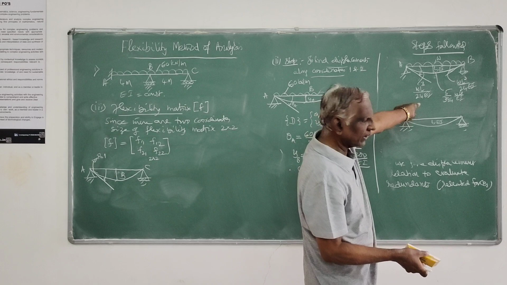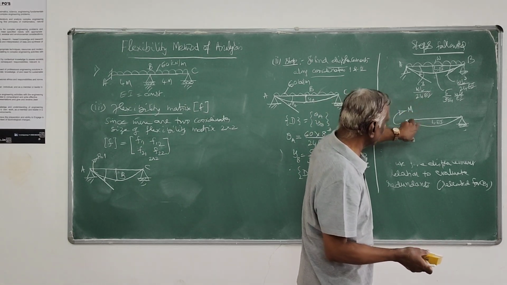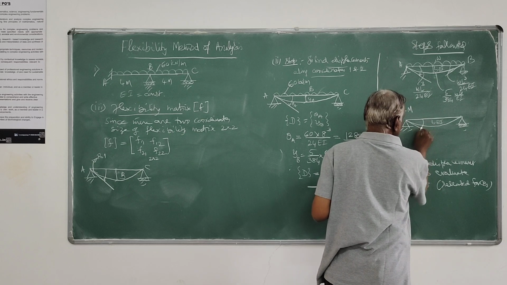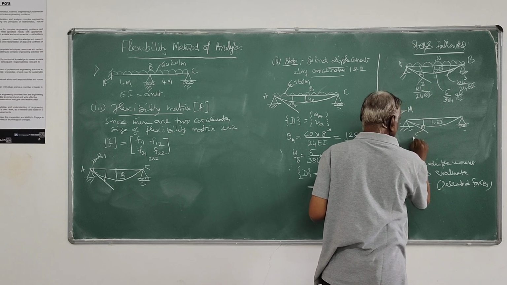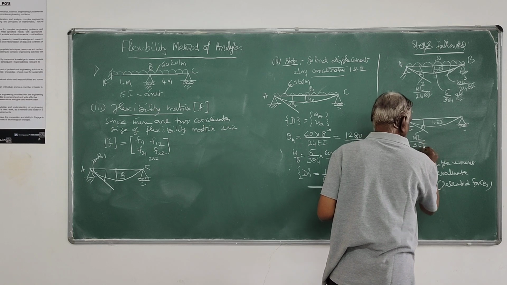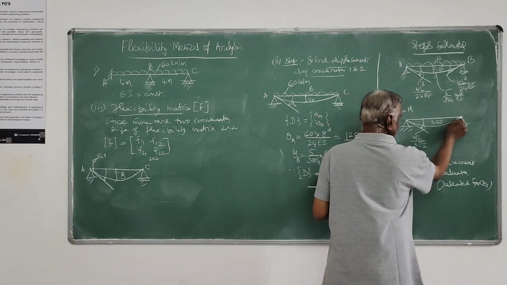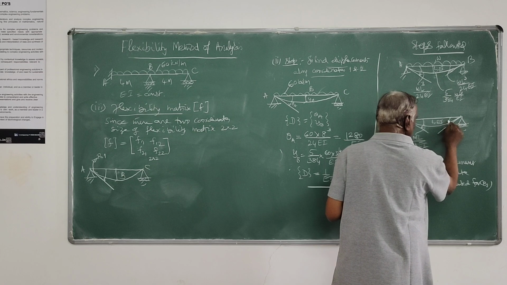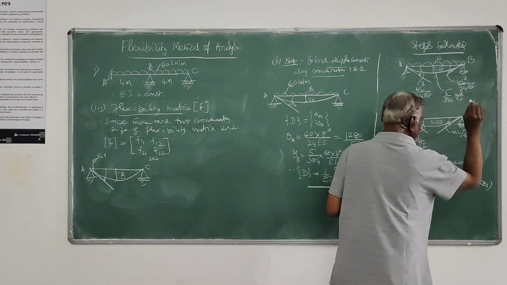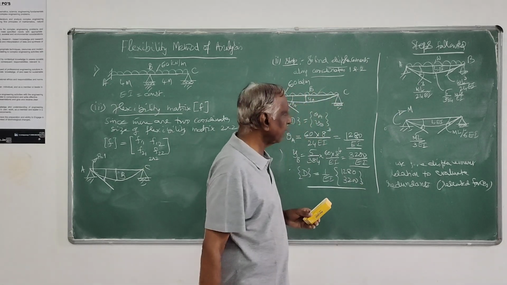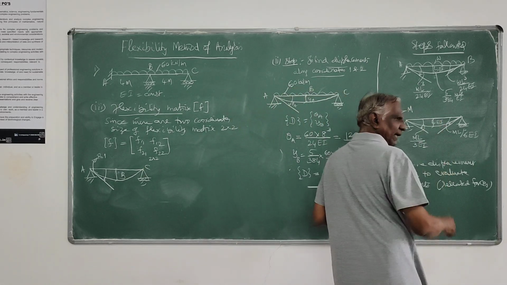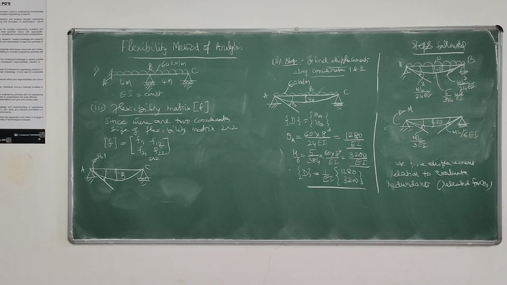When this rotation is given here like this, it has to displace like this, and this rotation is given by, you can remember, ML by 3EI, and the rotation at the far end becomes ML by 6EI. This you can remember, and this particular displacement, of course, I will give it.